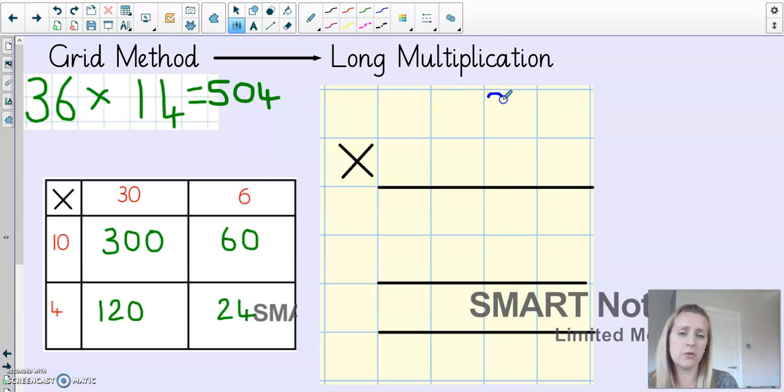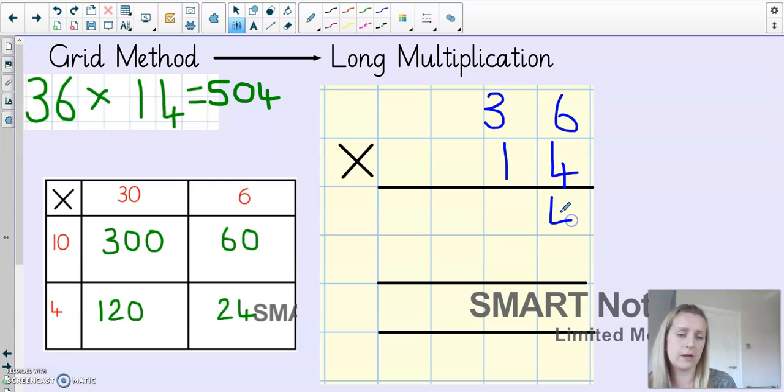I'm doing 36 times by 14. Okay. And we always start by multiplying by the ones, by the 4 here. So I'm going to do 4 times 6 is 24.